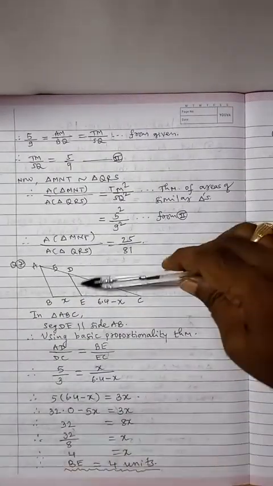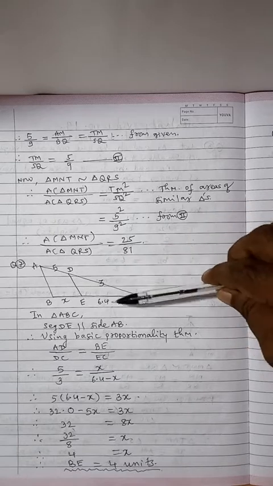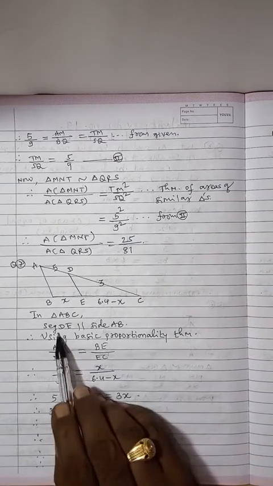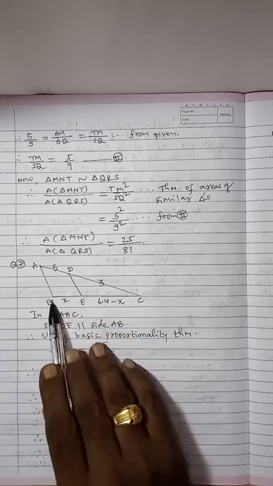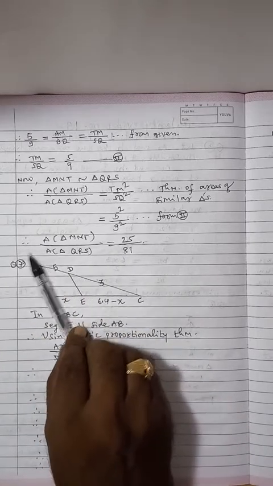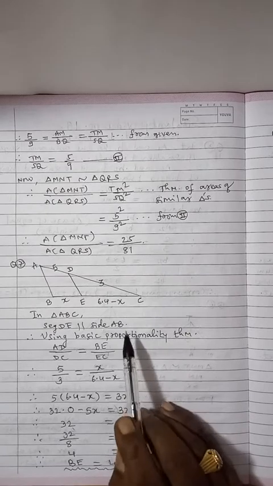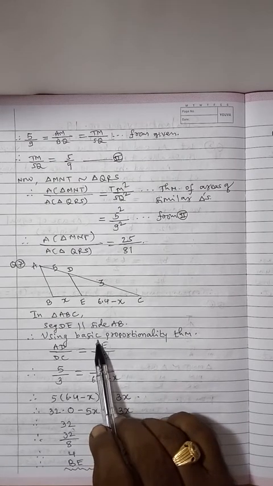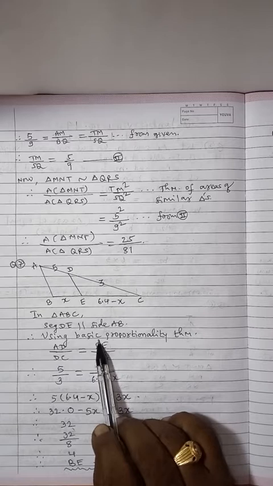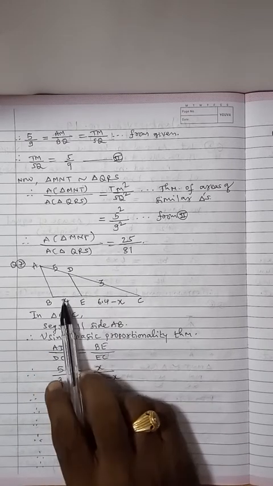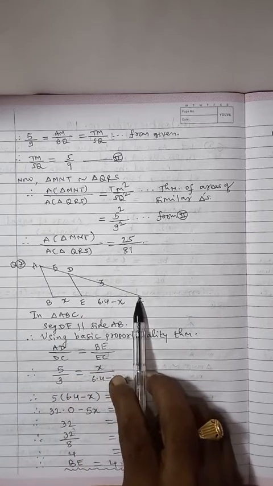Now pay attention. Here is the figure, which I have just described. In triangle ABC, segment DE is parallel to side AB. This is given to us. Using the basic proportionality theorem, we get AD upon DC is equal to BE upon EC.